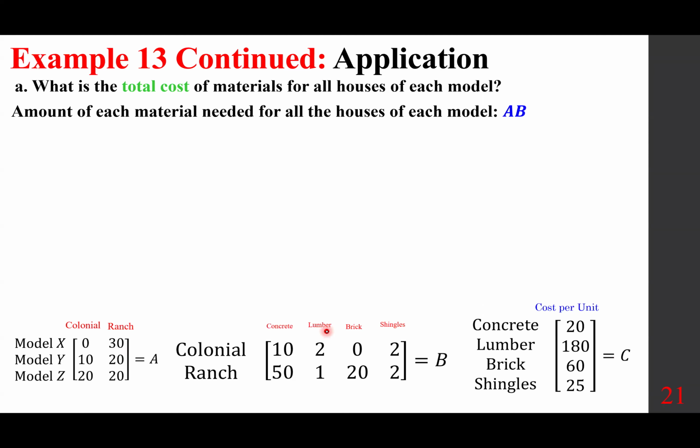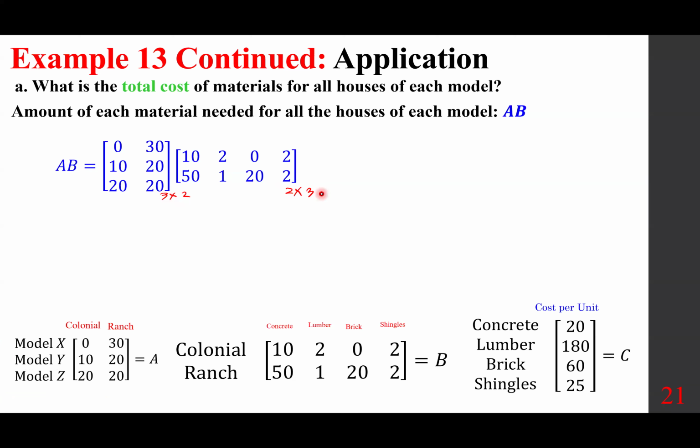A is 3 by 2, B is 2 by 3. Because these two are identical, we can multiply them. The result is a 3 by 3 matrix.